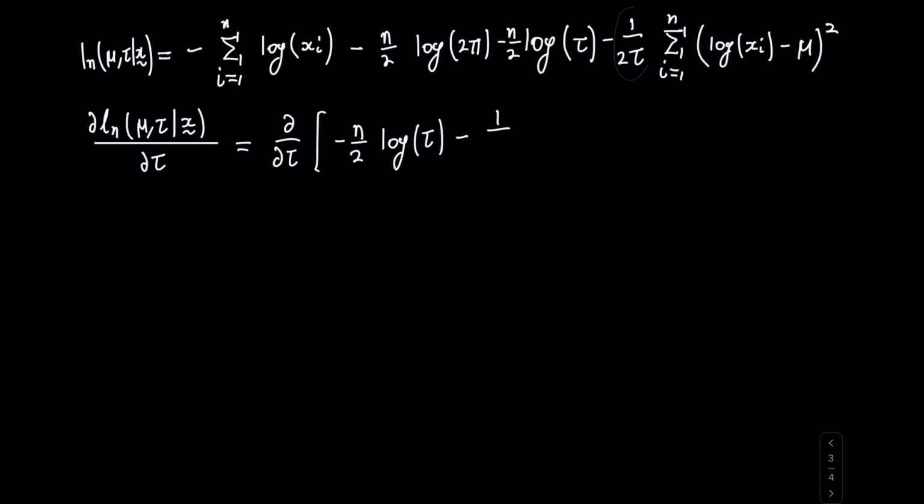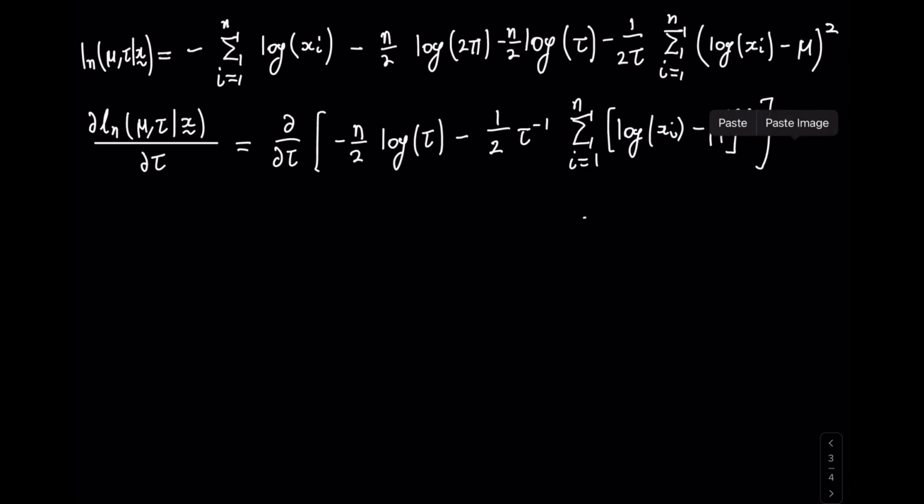And for the second term here, the 1 on 2 tau, I'm actually going to rewrite that as a half tau to the -1, sum i equals 1 to n of log xi minus mu, all squared. And that's just because that power form is easier to differentiate.